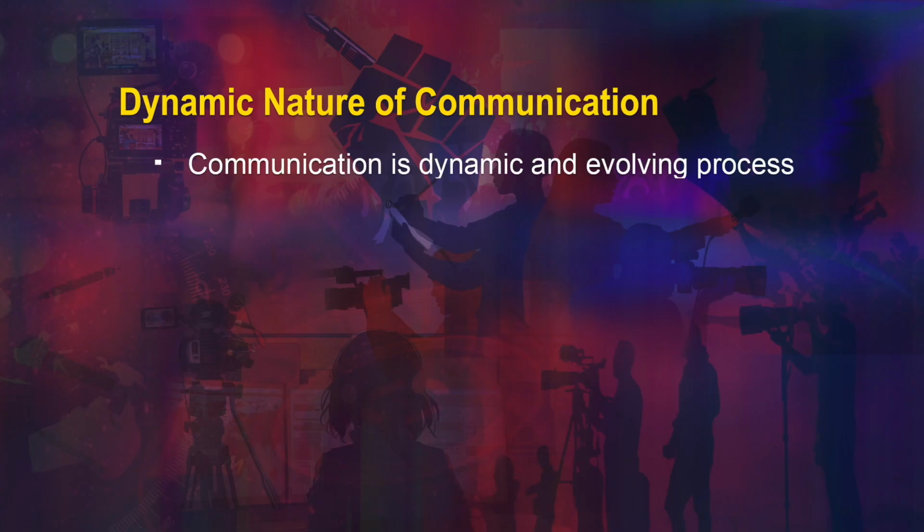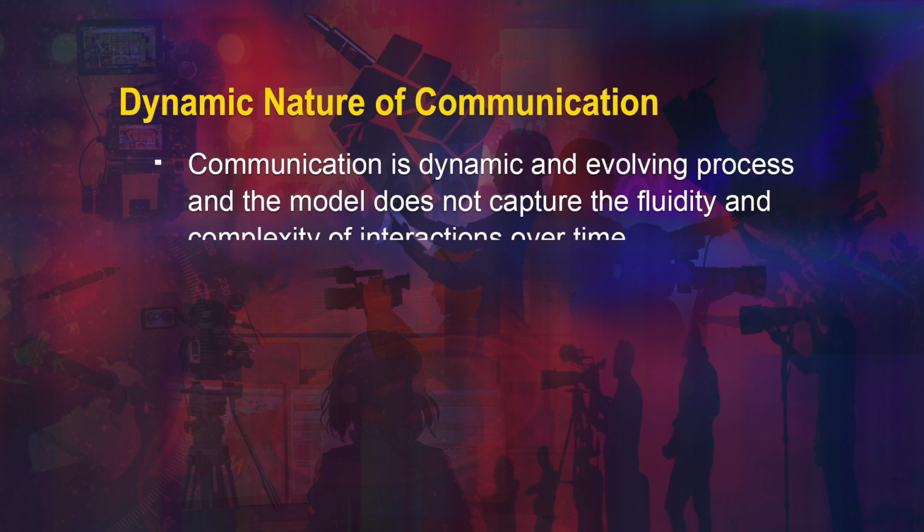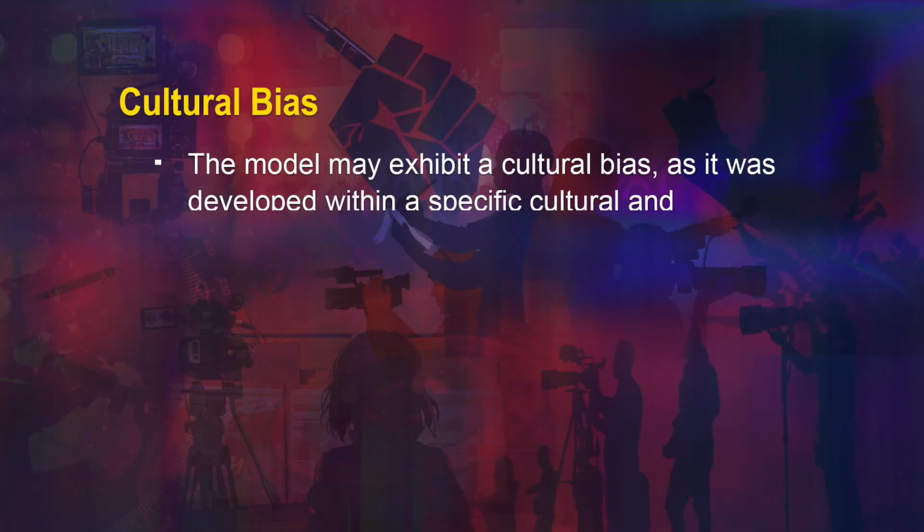Dynamic nature of communication. Communication is a dynamic and evolving process, and the model does not capture the fluidity and complexity of interactions over time. It provides a snapshot of a single instance of communication and may not account for changes in context or relationships. Cultural bias. The model may exhibit a cultural bias as it was developed within a specific cultural and technological context.